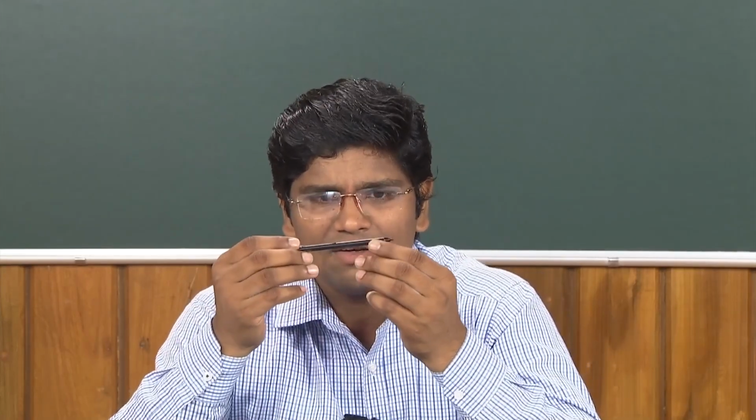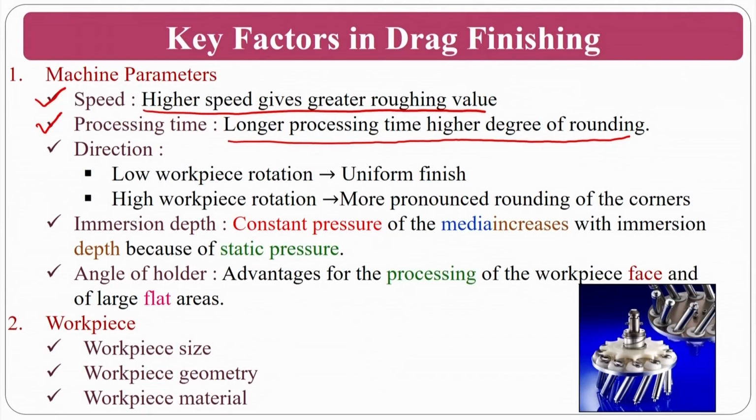If I want to hold it for a certain operation, then it will hurt the hand. So, I need to give some roundness to this type of cutting edge. Okay, so the sharp edges are to be rounded. For that purpose, you should always use a higher processing time, that means a higher finishing time.